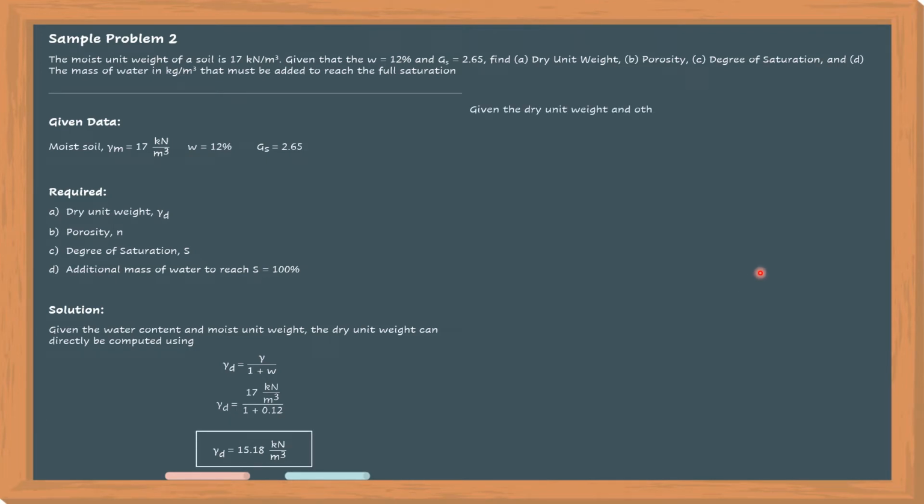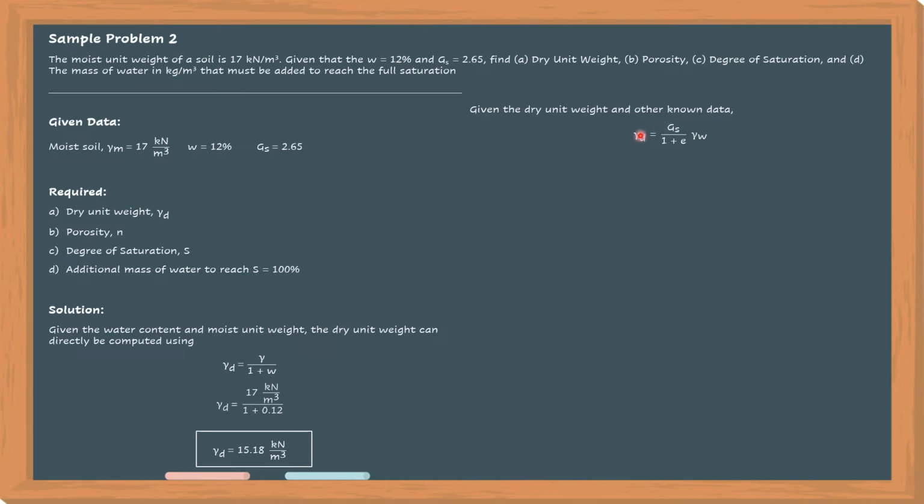Next, once the dry unit weight is known, we can relate that computed value of the dry unit weight to solve for the other required parameters. And we can use this formula. The dry unit weight is equal to G sub S over 1 plus E times unit weight of water.